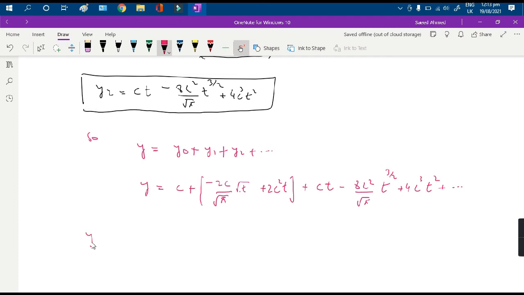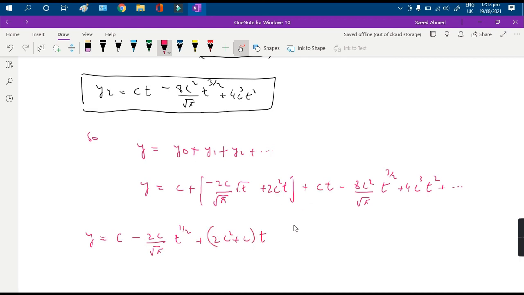We can arrange it a little bit by the powers of t. First we have the constant term c, and then we have minus 2c over square root of pi t to the power 1 by 2, this one, and then we have two terms for t, 2c square plus c into t.